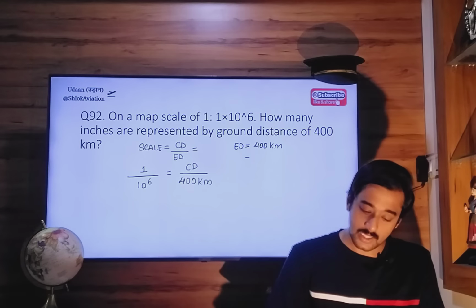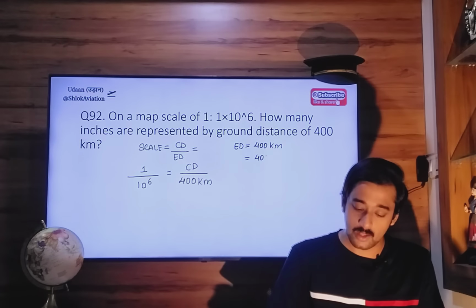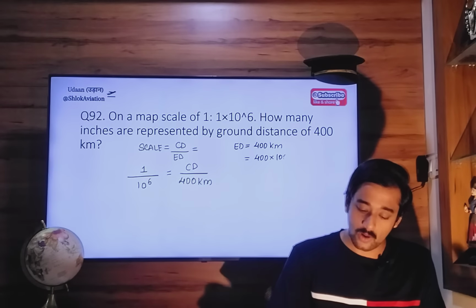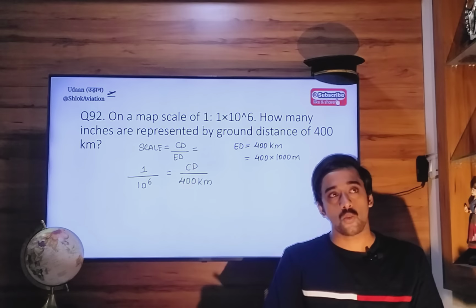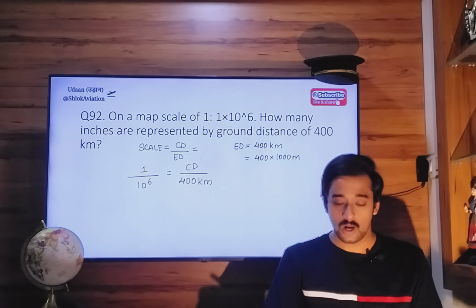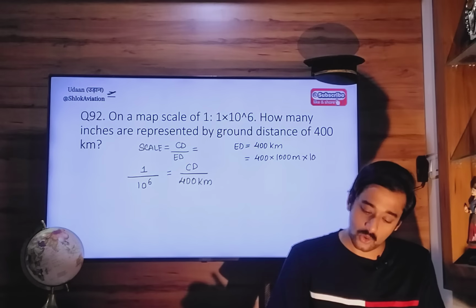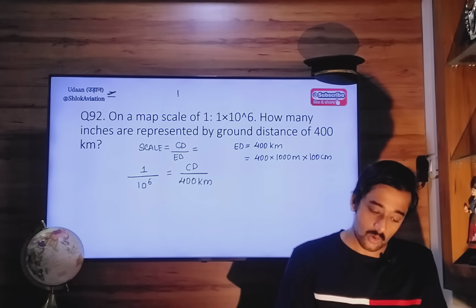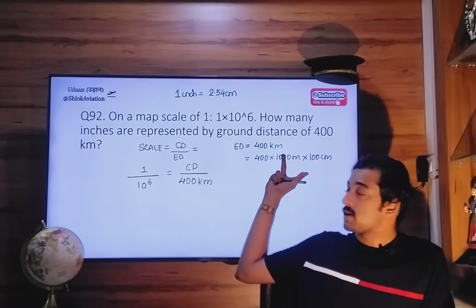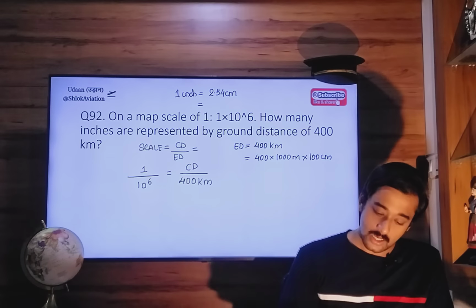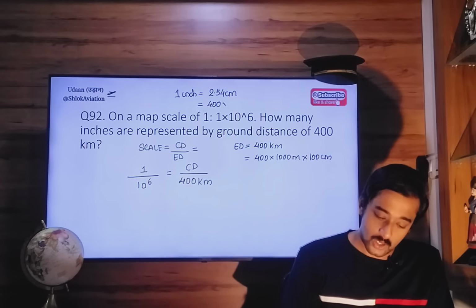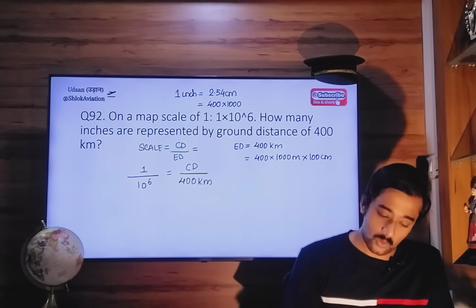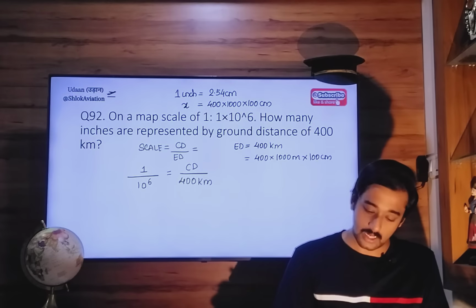So let's convert earth distance, which is 400 kilometer, into the corresponding inch. So 1 kilometer is 1000 meters. So 400 will be equal to 400 into 1000 meter. 1 meter equals 100 centimeters, so 10 raised to 2. Now 1 inch equals 2.54 centimeter. So this much centimeter will be equal to how many inches? Cross multiply.